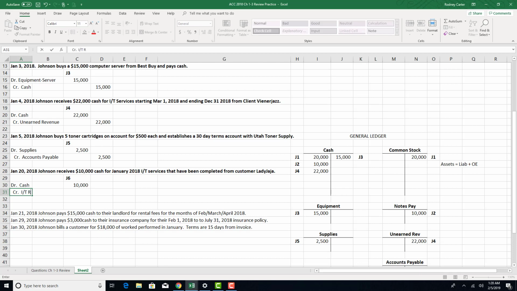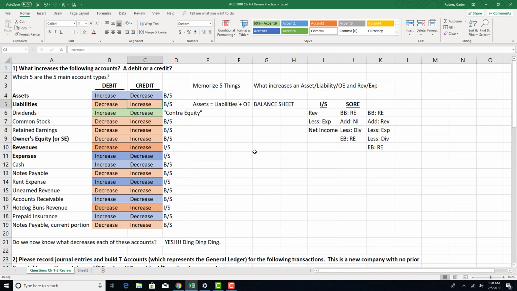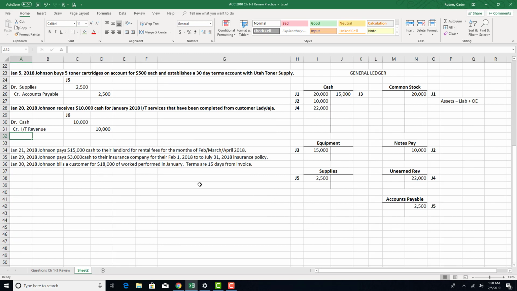So I'm going to go IT revenue. Revenue would work as well, but in this instance it's fine, just a more specific naming convention. Because I showed you how revenues and expenses embed into retained earnings, I'll stick it over on this side as well.